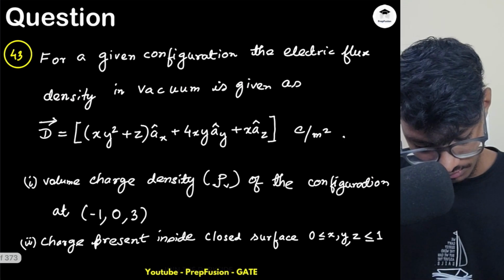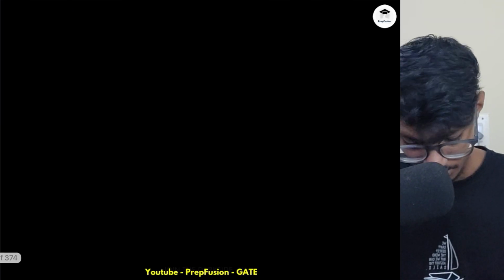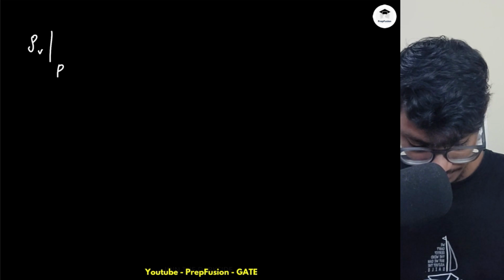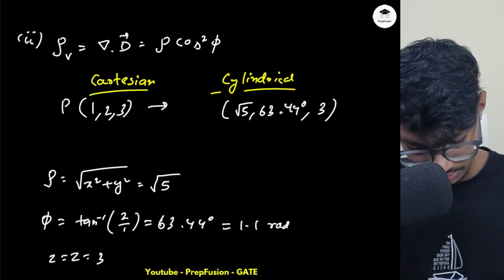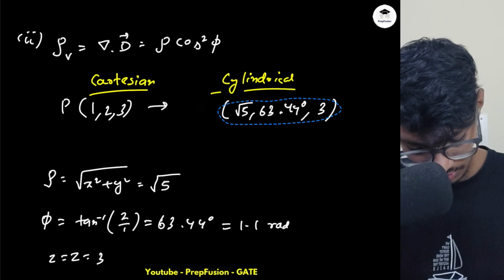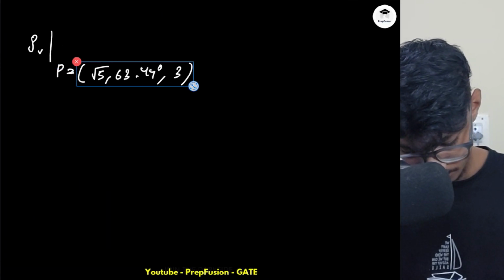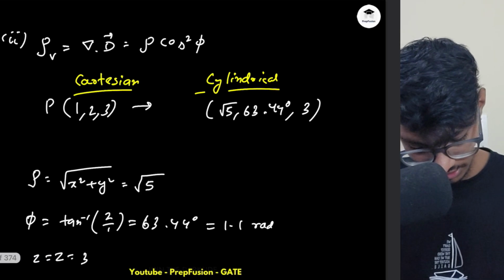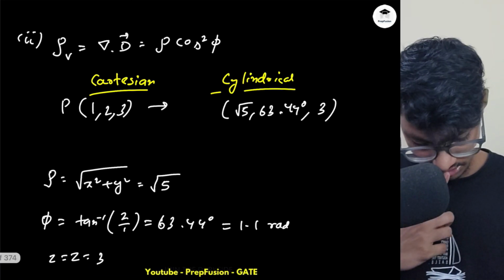Okay, so now you will put the values, right? The volume charge density rho v at point P equals this particular thing, which is root 5 cos square phi.